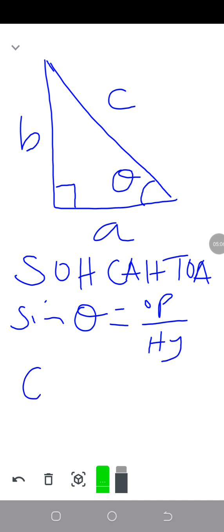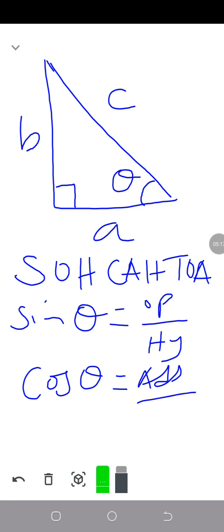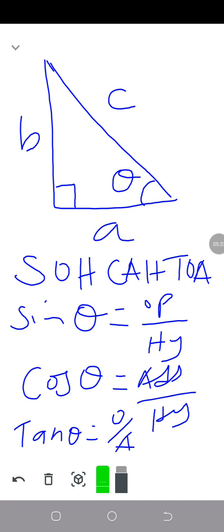And cos of the angle theta would be the adjacent over the hypotenuse. Then tan, which is tangent of theta, will be equal to the opposite over adjacent. So, from SOH CAH TOA, we know sine theta is opposite over hypotenuse, cos theta is adjacent over hypotenuse, and tan theta is opposite over the adjacent.